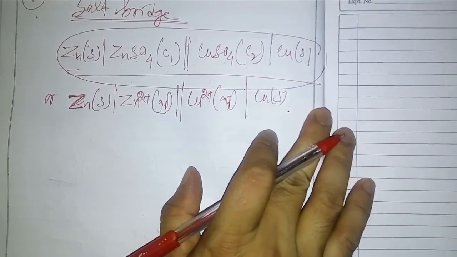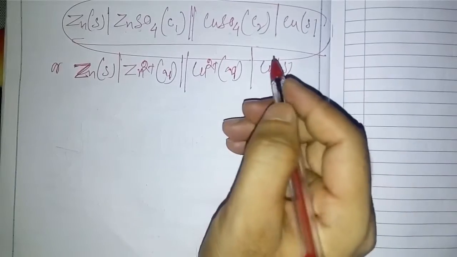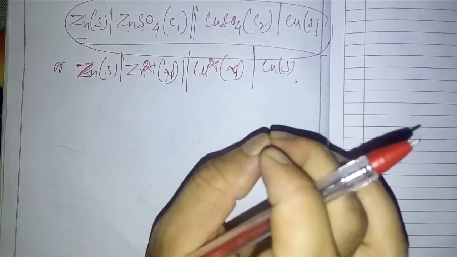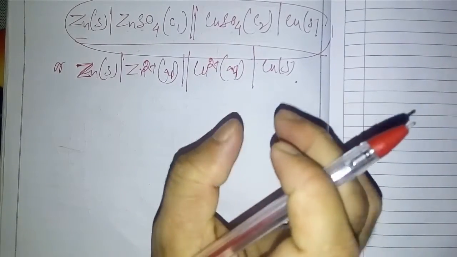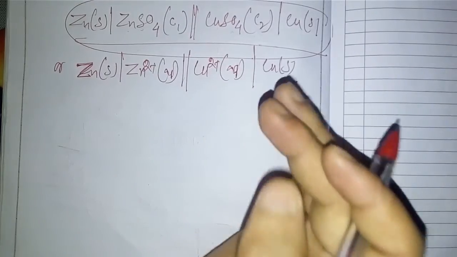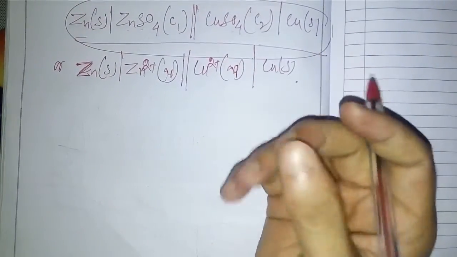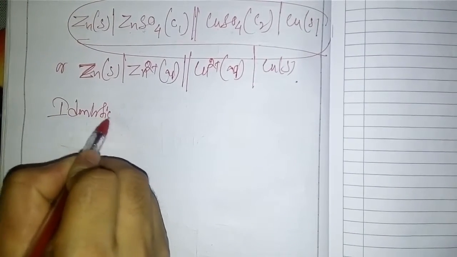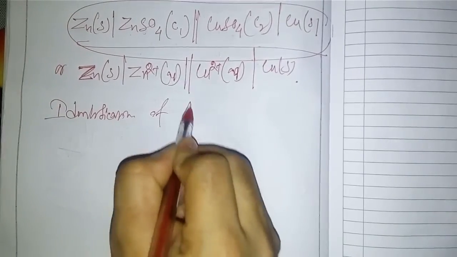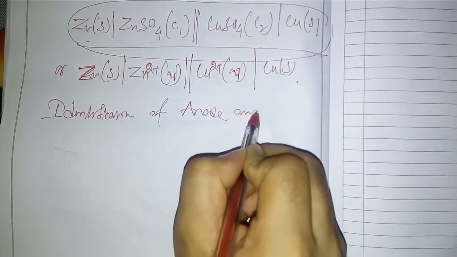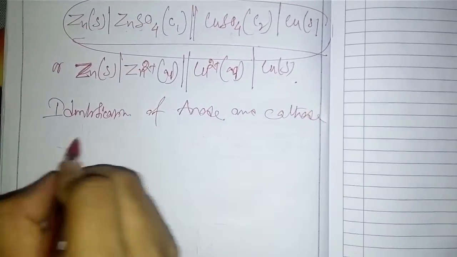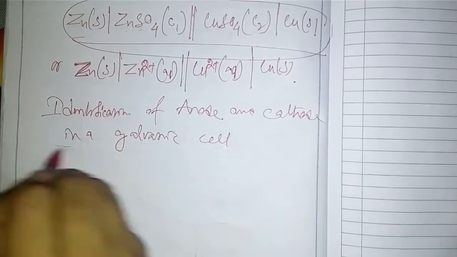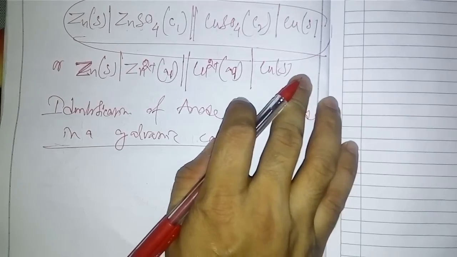Another topic, a very easy one: identification of anode and cathode in a galvanic cell. How to identify which half cell is the anode and which half cell is the cathode.